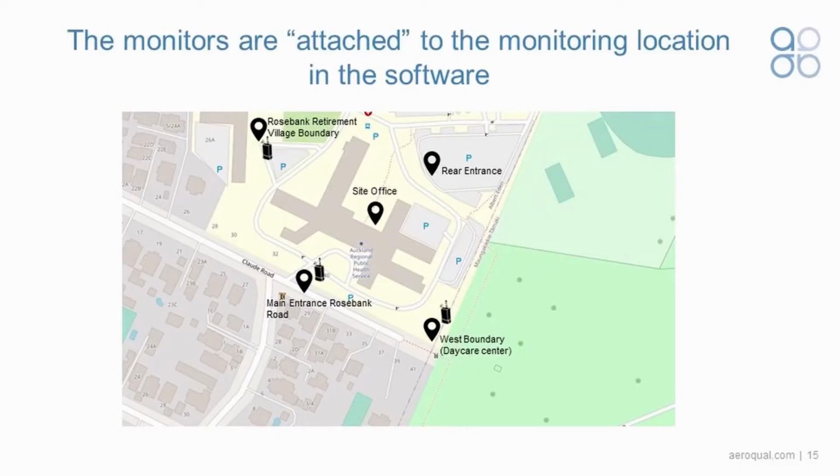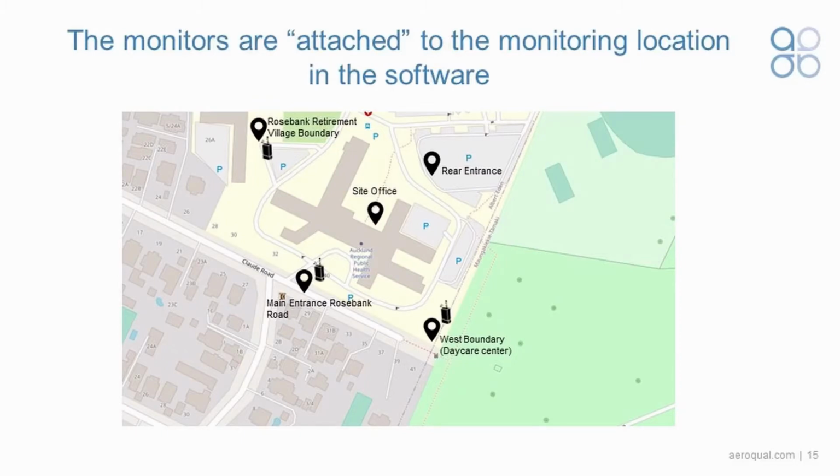So now the map looks a little bit like this. We have our 5 monitoring locations, and we've chosen to place instruments at 3 of those monitoring locations. The rear entrance and the site office, for now, although they're available, aren't being used.